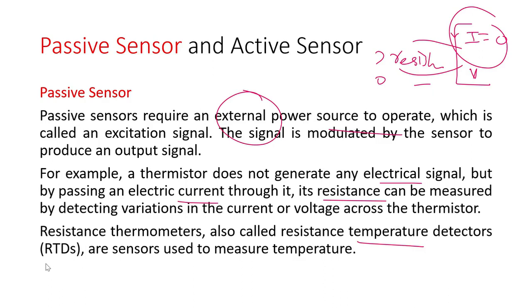It is also known as RTD, resistance temperature detector. These are sensors which are used for measuring temperature. And how do we measure the temperature? We apply the temperature to this particular device, and then we check the resistance of this particular temperature sensor. The resistance changes, and then we calculate the temperature of the input.